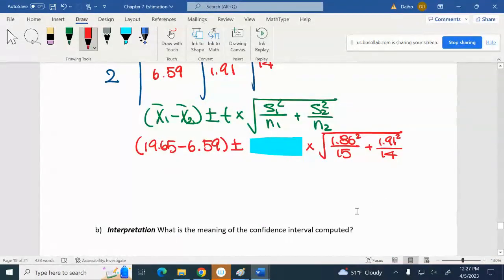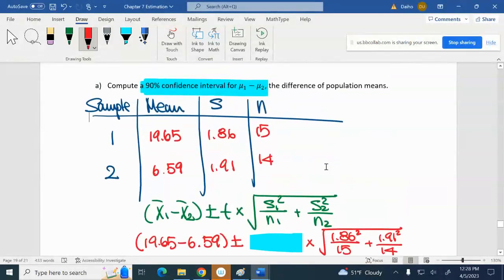Okay, now the problem is, what is the t-score? Before, when we picked a t-score, we needed the confidence level. Do you remember how much it was? It was 90%.